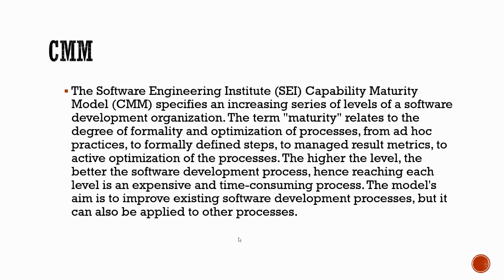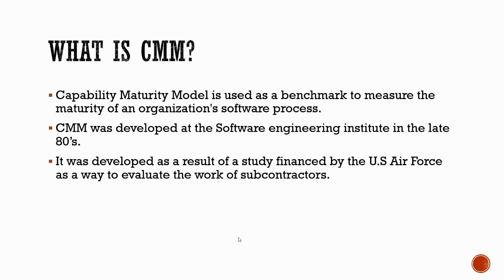The higher the level, the better the software development process. Hence, reaching each level is an expensive and time-consuming process. The model's aim is to improve existing software development processes, but it can also be applied to other processes.